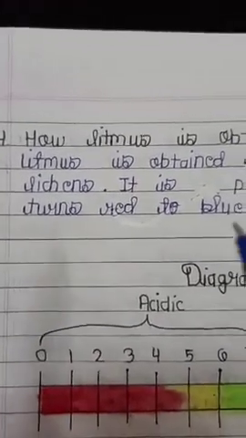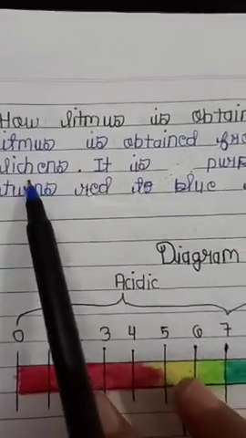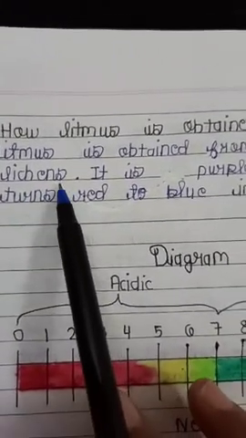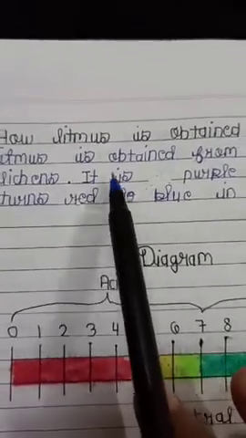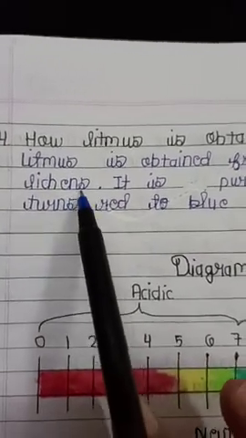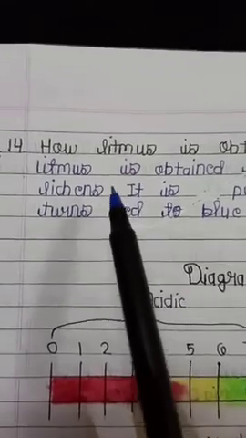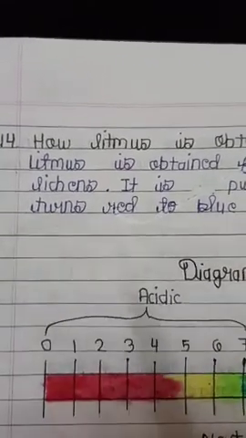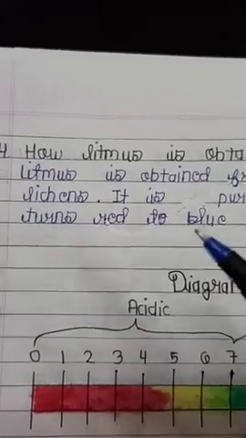One thing you remember is that lichens are the plants from which we can get litmus. We extract litmus from the lichens, and from litmus we can make the litmus solution and also the litmus paper.